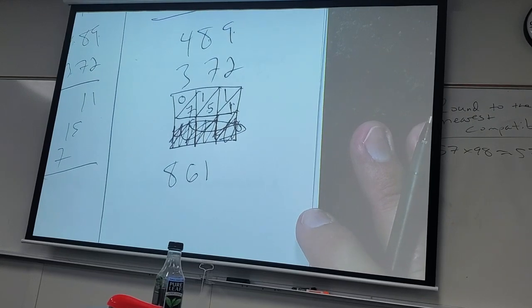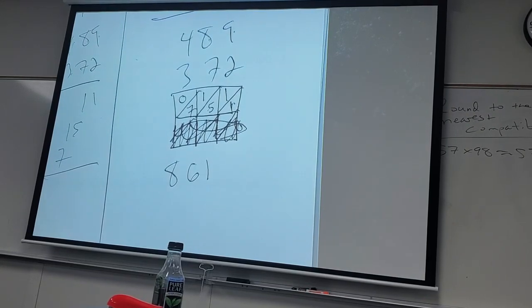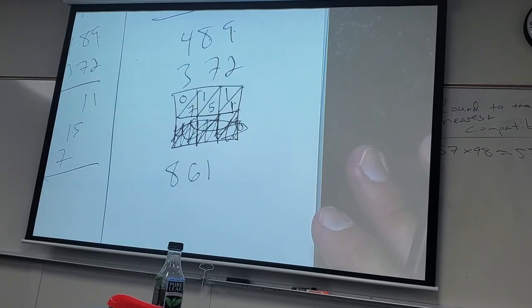Okay, I like it. Has anybody ever seen that method before? Yeah? Sweet. In high school or something? Or not high school, it was in elementary school. Okay. Do you remember if you did it for multiplication also? Possibly, I remember doing addition. Alright, okay.